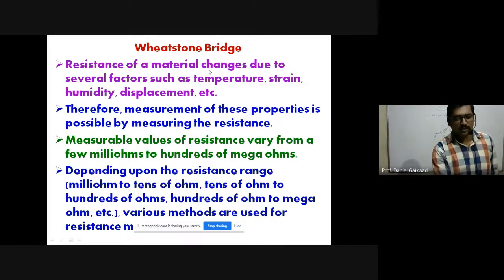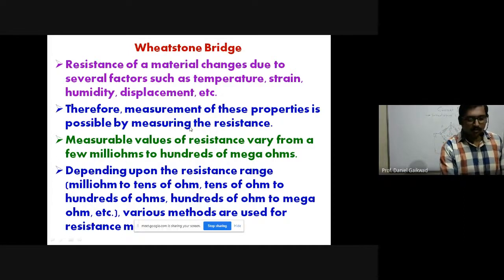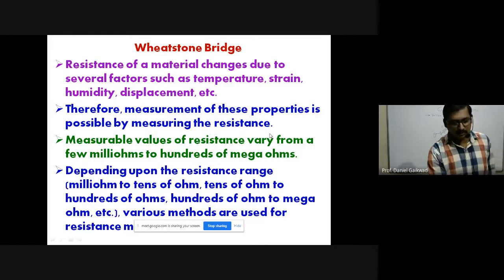So resistance changes because of changes in temperature, strain, humidity and displacement. Therefore, measurement of these properties is possible by measuring the resistance.